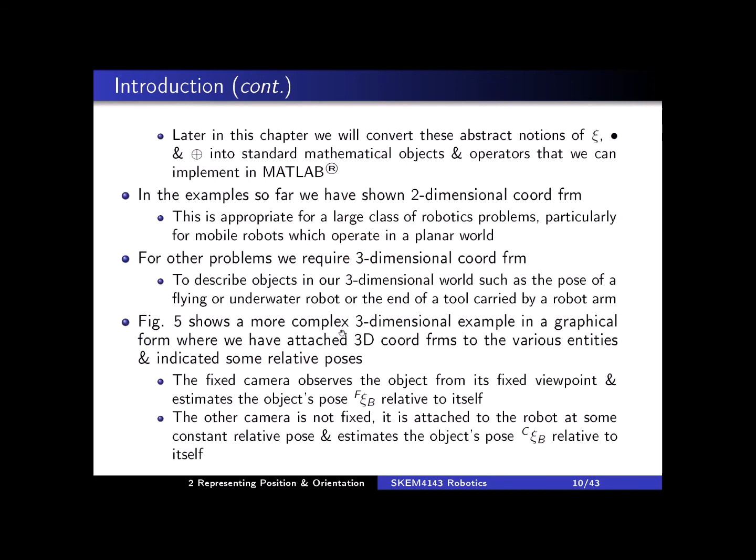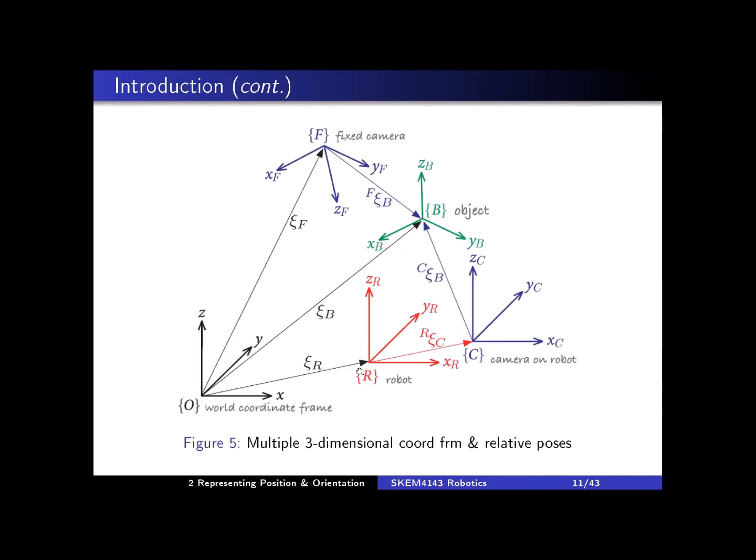Figure 5 shows a more complex three-dimensional example in graphical form, where we have attached 3D coordinate frames to the various entities and indicated some relative poses. So here we have multiple three-dimensional coordinate frames and relative poses.